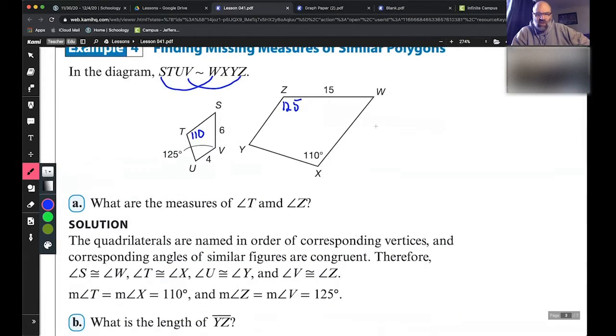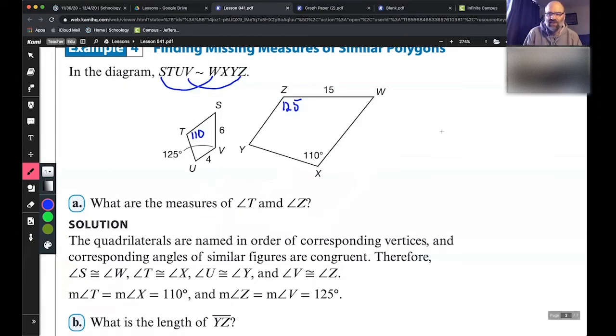Okay, what's the length of YZ? Well, can we figure out the scale factor? The scale factor isn't as pretty, unfortunately. So it looks like we've got a ratio here.